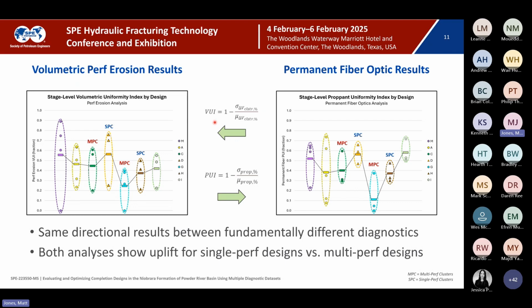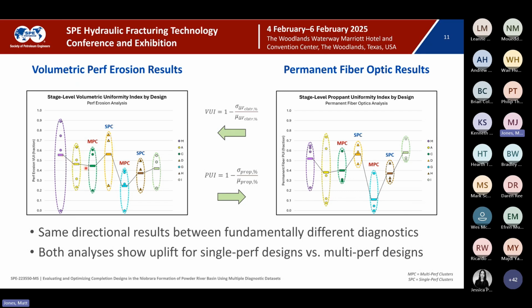Now, the reason I'm pointing this out is VUI and PUI are very similar metrics. So if there's any truth to these diagnostic tools giving you the same results, these are the parameters that you would most likely want to compare. When we look at the volumetric erosion analysis results, we see the same directional trend as we did with permanent fiber. So when we go from design M to design A, we see a bit of a decrease.